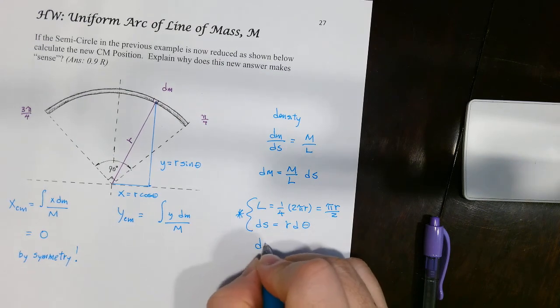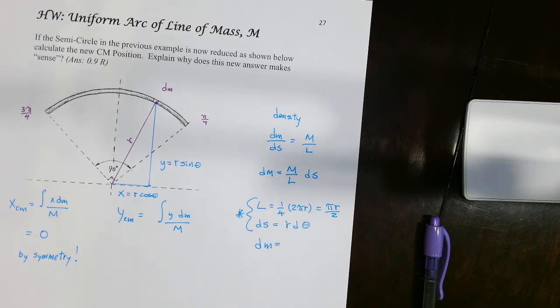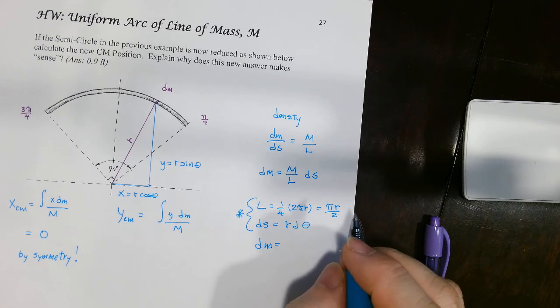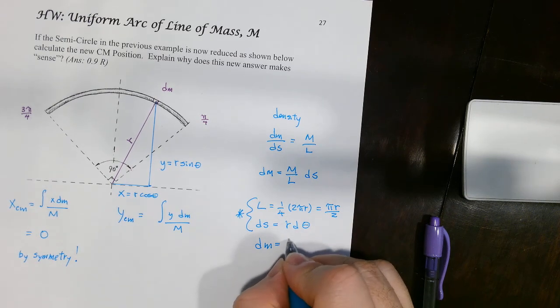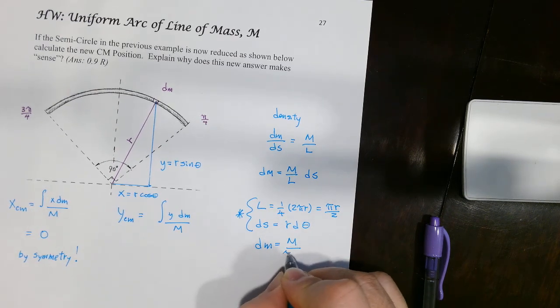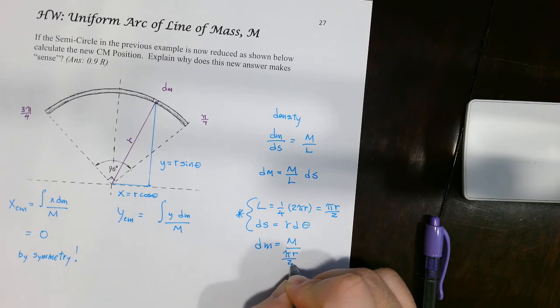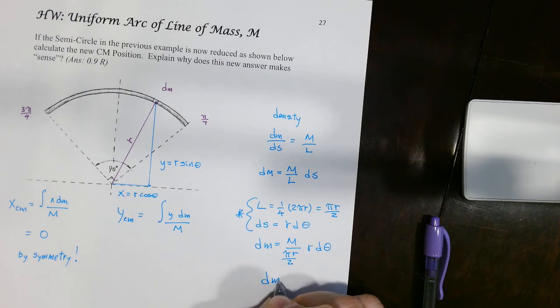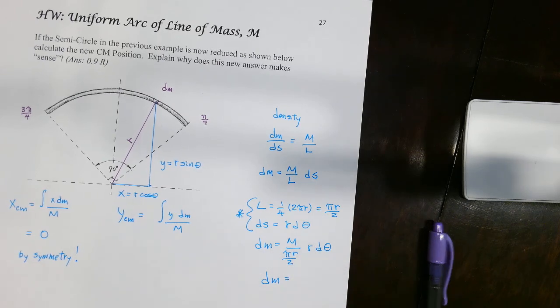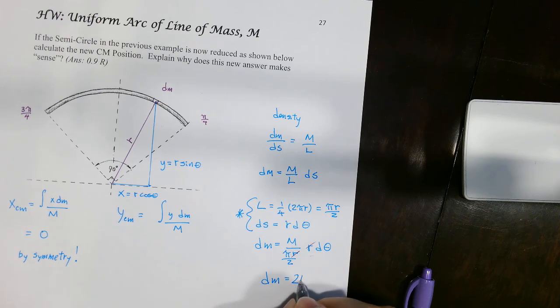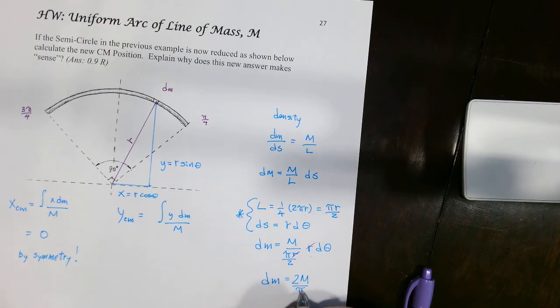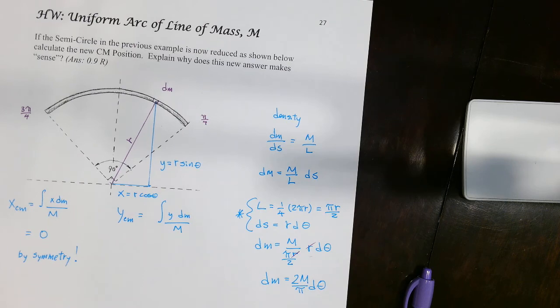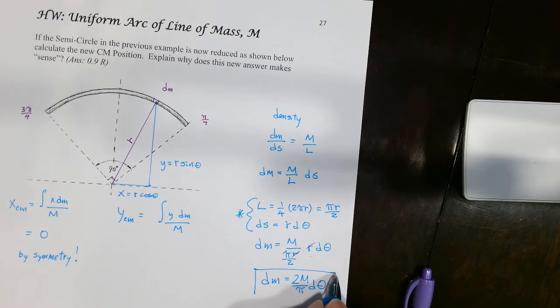So my dm is equal to m over (pi r over 2) times r d theta. The r's will cancel out, so dm is equal to 2m over pi d theta. So this is important.